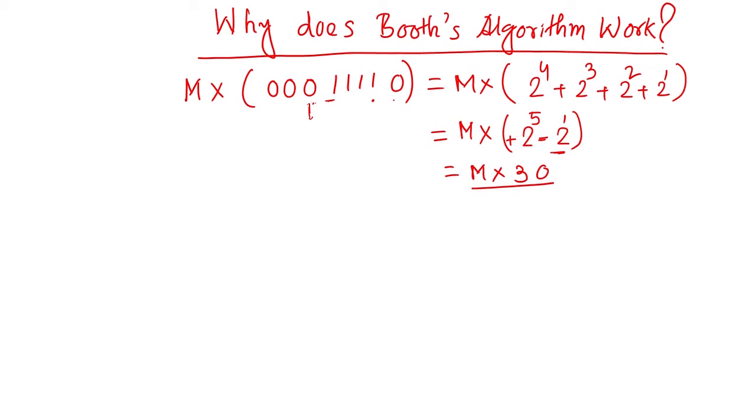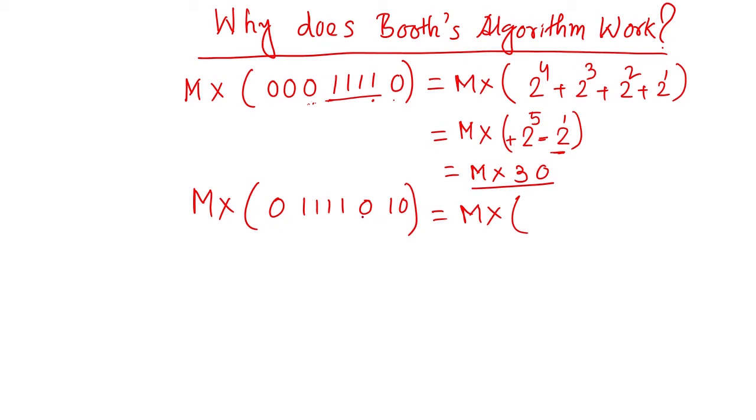One more example, where we have blocks of 1s. It can be something like that. One more example we can take: m into, let us say, 0 1 1 1 1 0 1 0. So, this can be written as m, okay, 0 1 2 3 4 5 6.